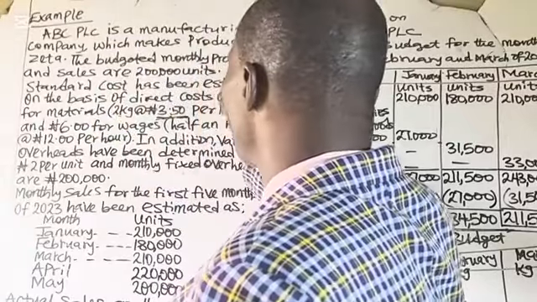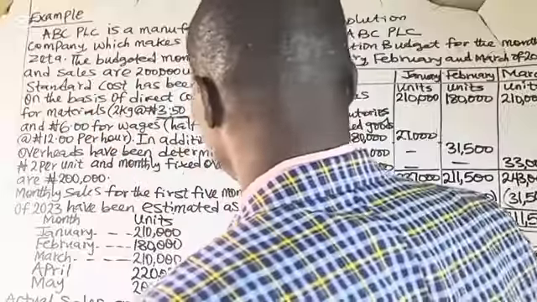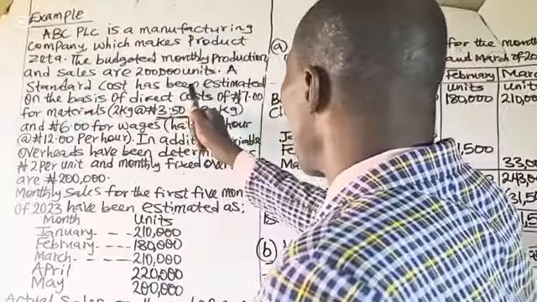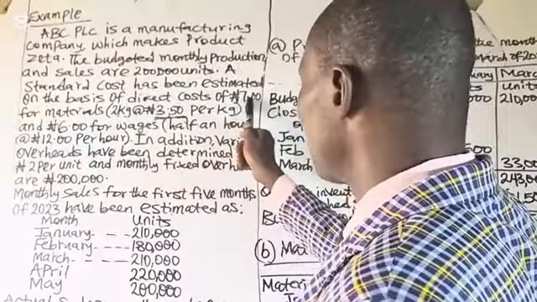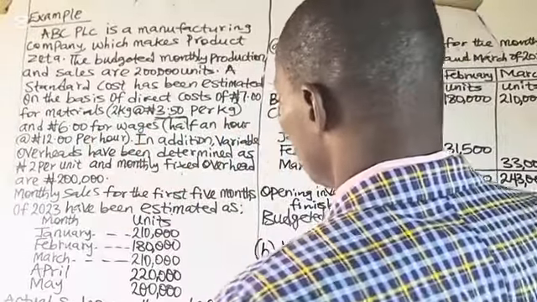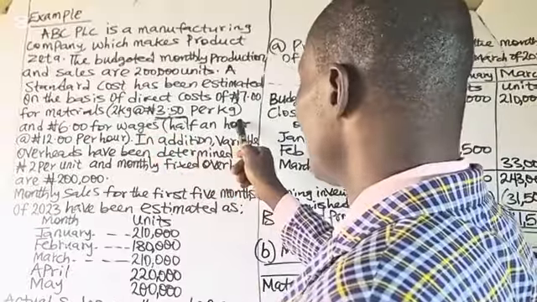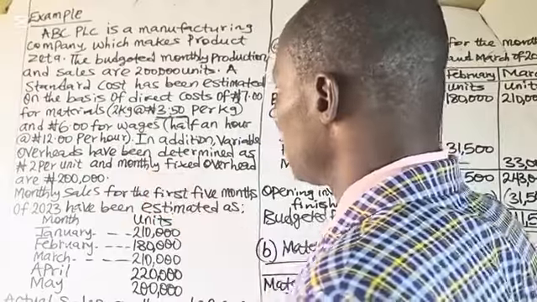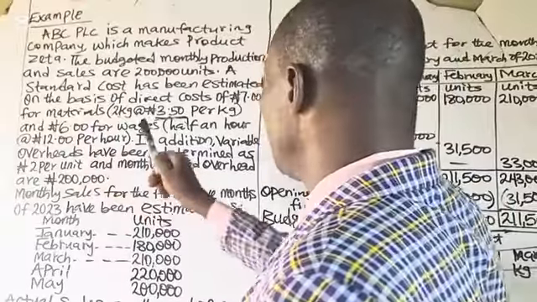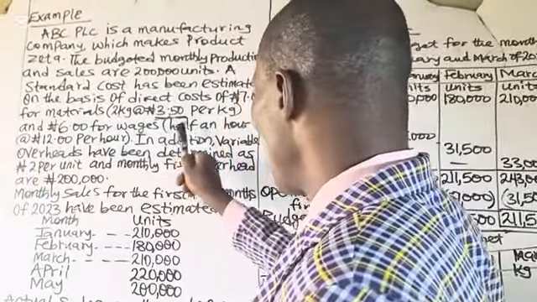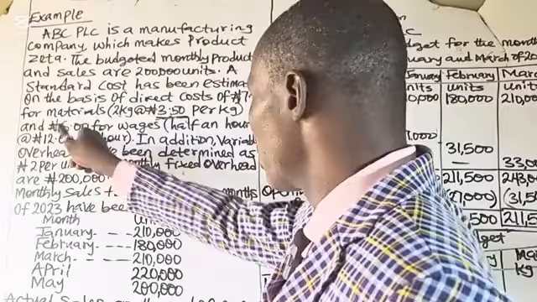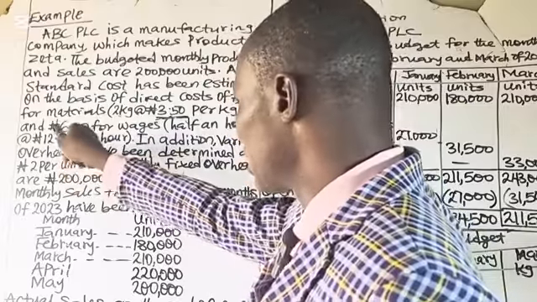The budgeted monthly production and sales are 200,000 units. A standard cost has been estimated on the basis of direct cost of 7 naira for materials. These have been used in the material purchase budget. And 6 naira for wages. Half an hour at 12 naira per hour. Half of 12 naira gives you 6.